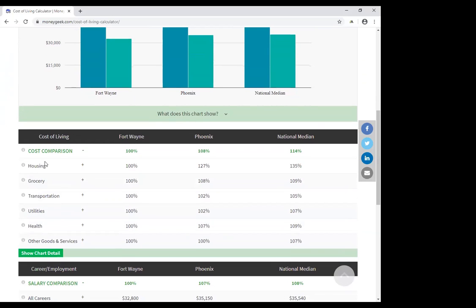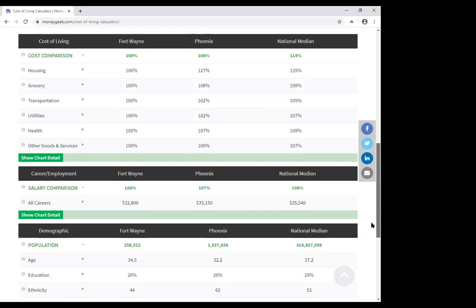So you can see housing, you compare Fort Wayne to Phoenix, how much it differentiates, groceries, transportation, utilities, you can see right here. Transportation and utilities, a slight change, whereas housing is more drastic. Health and then goods and services seem to match for the most part.